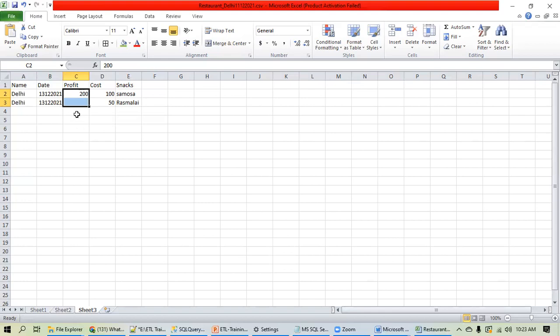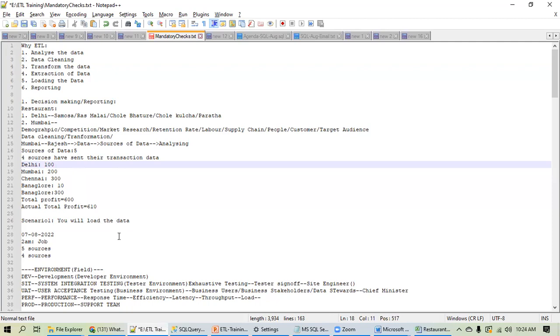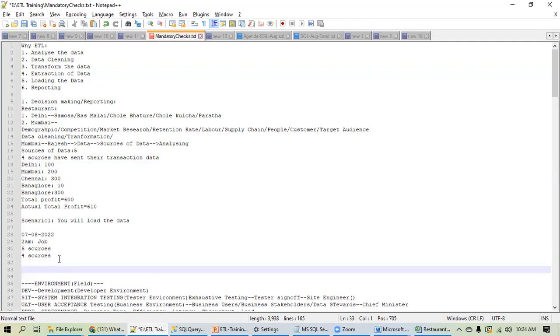Okay, so you are telling me it is the mistake of the manager of this restaurant who has sent me this data. Okay. Why do you think it's a mistake of the source? Because source is important to analyze the data. If we didn't get the expected source details, then we can't analyze the data.